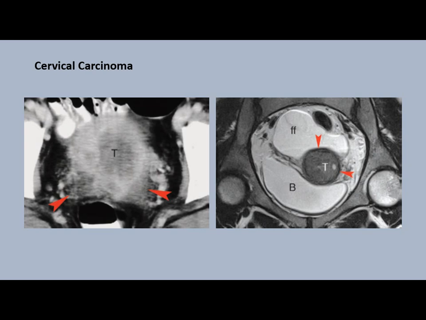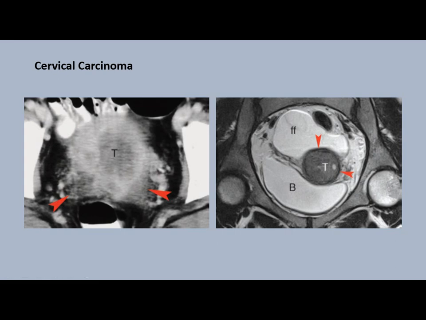Cervical carcinoma. This CT shows a large soft tissue attenuated mass with ill-defined surrounding fat stranding, indicating invasion of the adjacent structure. While in MRI, you can see only a very thin surrounding remaining rim of the normal cervix, which appears hyperintense.